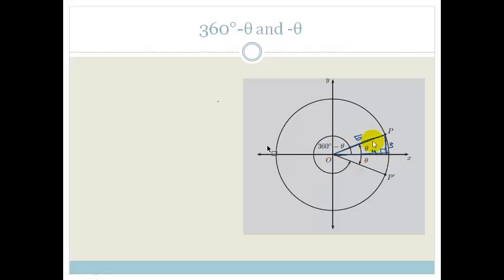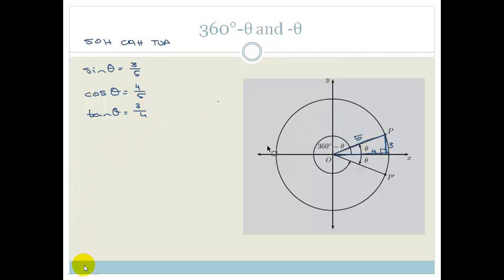Then again, as per usual, using SOHCAHTOA, sine of theta in that little first triangle is opposite over hypotenuse, which is 3 over 5. Cos theta is adjacent over hypotenuse, which is 4 over 5. Tan theta, which is opposite over adjacent, is 3 over 4.